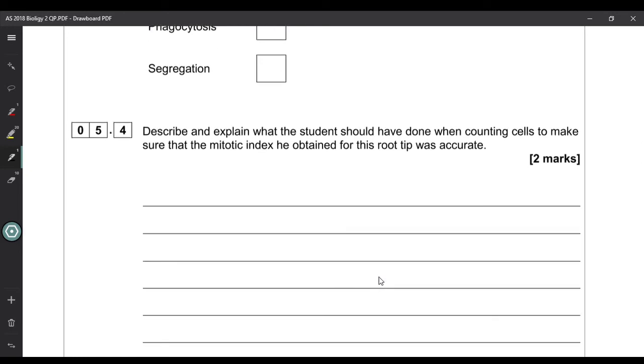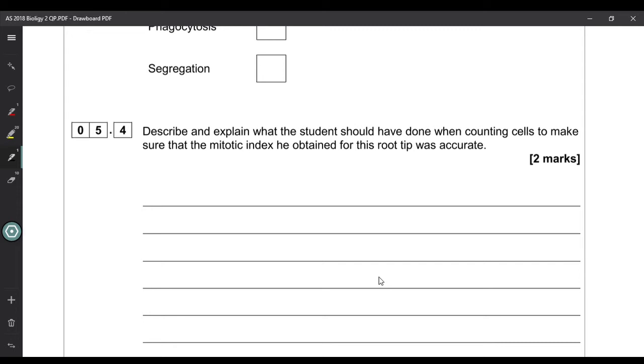We're then asked to describe and explain what the student should have done when counting cells to make sure that the mitotic index he obtained for his root tip was accurate. Now again, like all of these procedures that involve counting, you want as large a sample area as possible to make sure that you've got a representative sample.